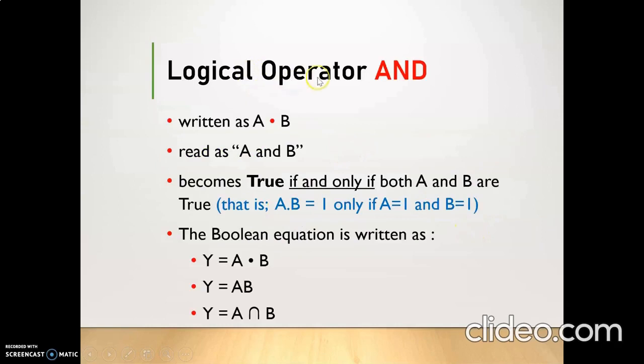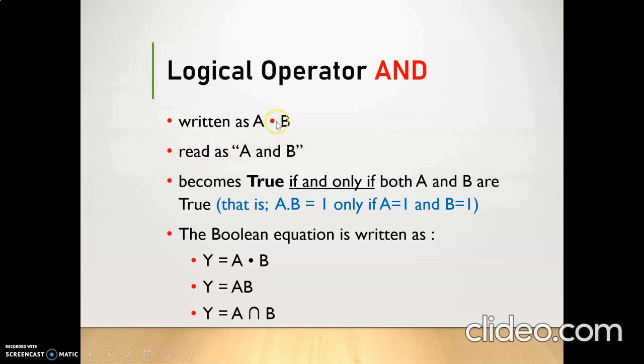Let's look further at the logical operator and in Boolean algebra. If we have a and b, it is written as a dot b, but it is read as a and b.